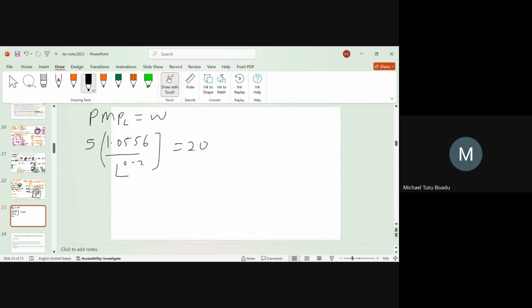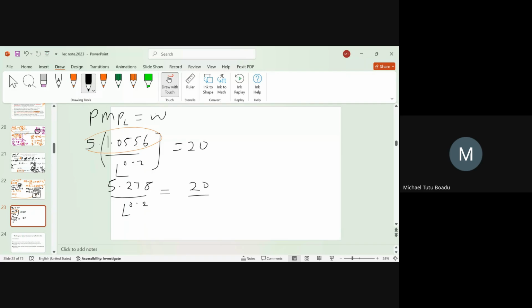So now we are making L the subject. So multiply the 5 by the top, which gives us 5.278 all over L to the power 0.2, and that is equal to 20.